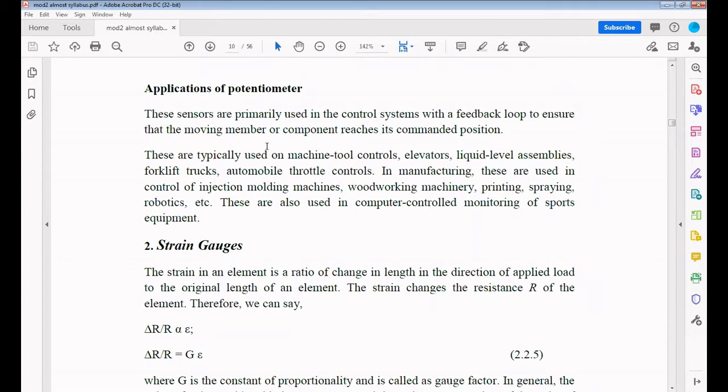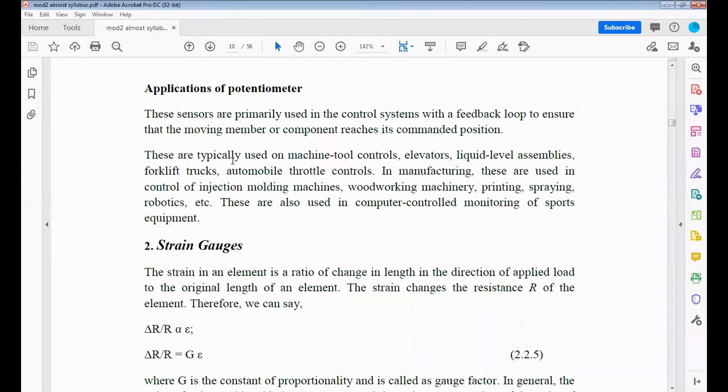So these are the major applications, and not only that, we have other applications. These are typically used in machine tools, controls, and elevators. Elevators, in the sense, especially we are using in escalators.